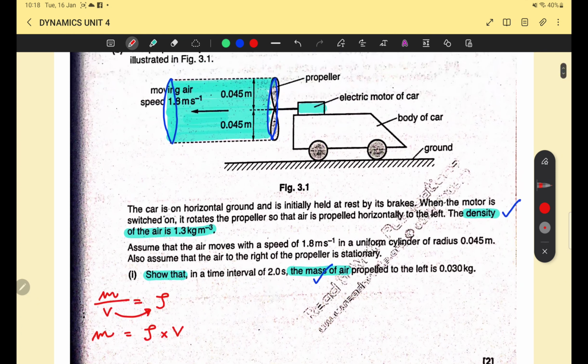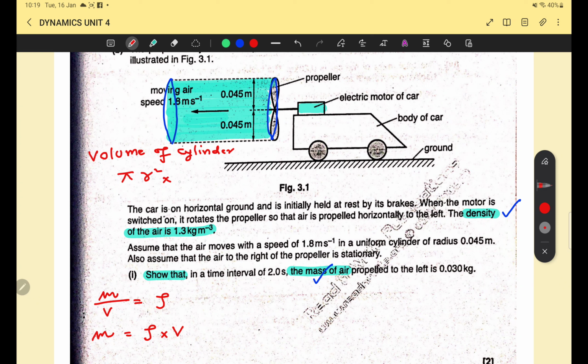Beta Afra, this is an air cylinder. In mathematics, how do you calculate the volume of a cylinder?